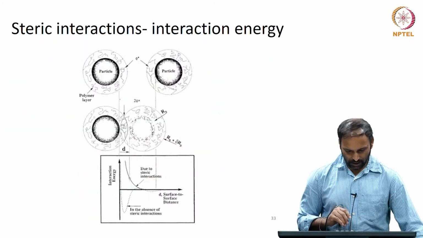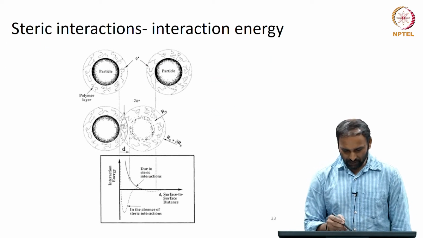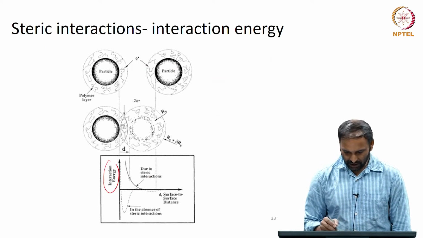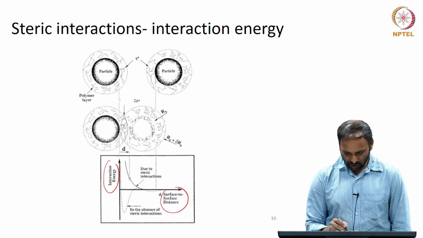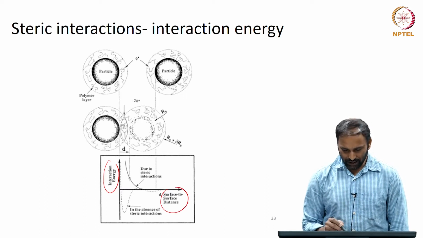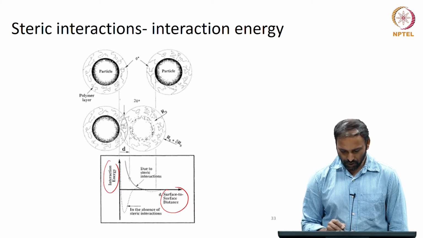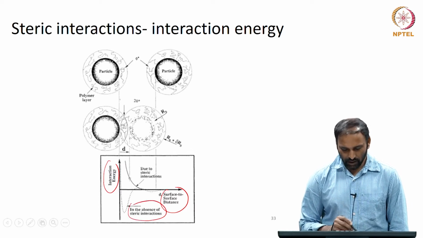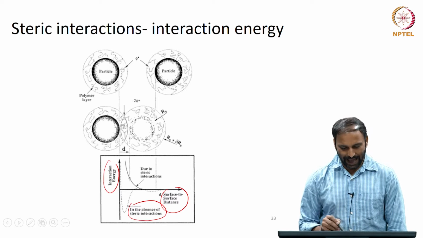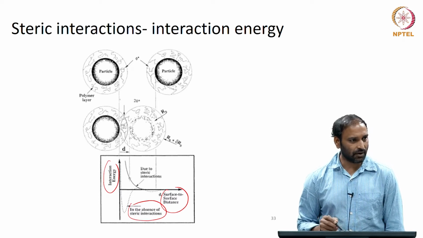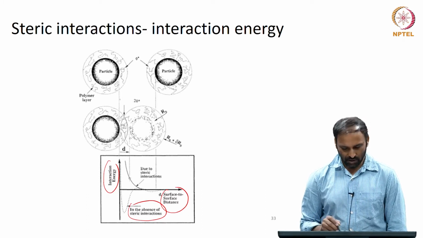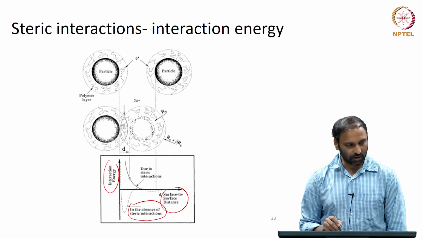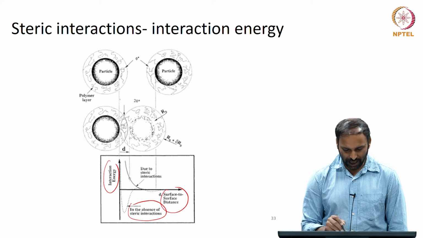And this is essentially a plot of the interaction energy as a function of separation distance. Now there is a dotted line, that dotted line corresponds to the case when you have absence of steric repulsion. There could be van der Waals or other kind of attractive forces in the system, that is this particular dotted dashed line.